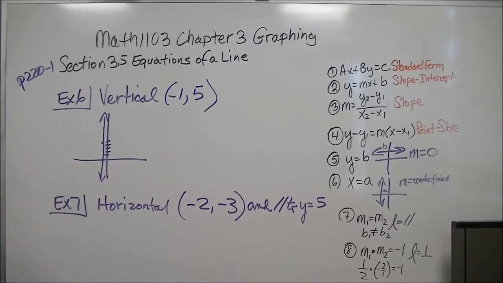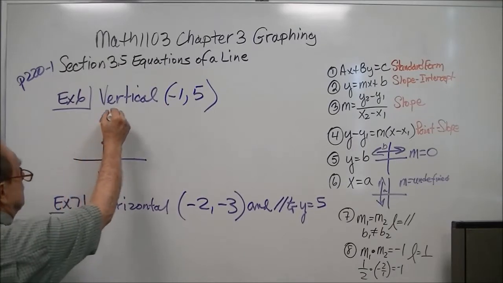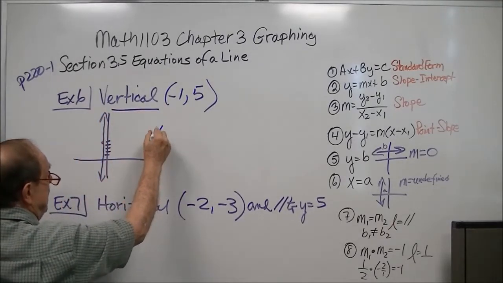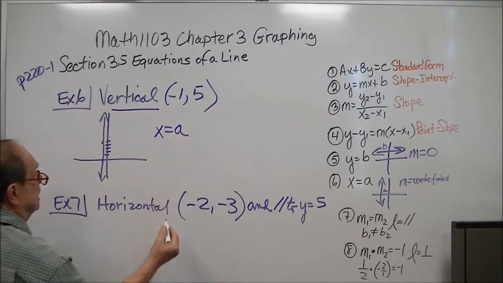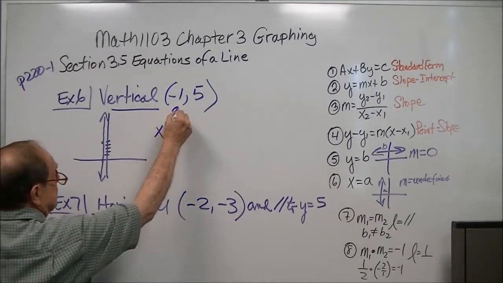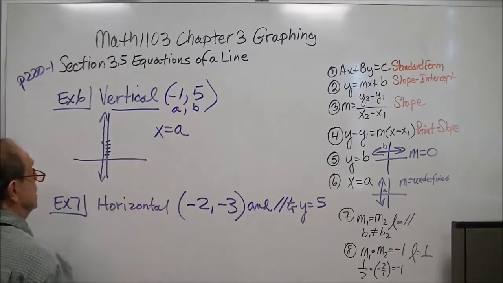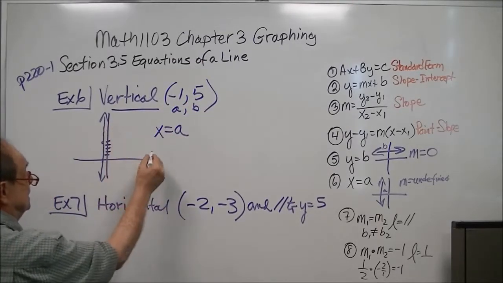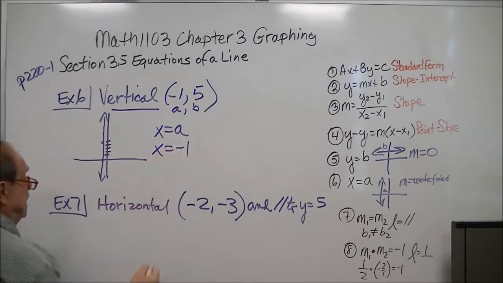Well, what's the equation of that line? Remember, any vertical equation has the form x equals a. In this ordered pair, what is a? Well, a is -1. So this equation is x equals -1.